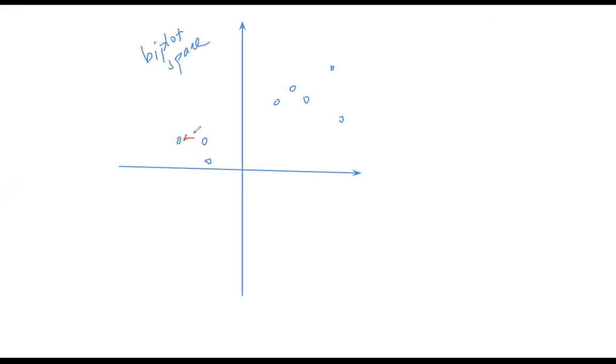The distance between two data points here, you can have distances like this, right? So the distances in a biplot are approximately equal to the Euclidean distance between the samples.